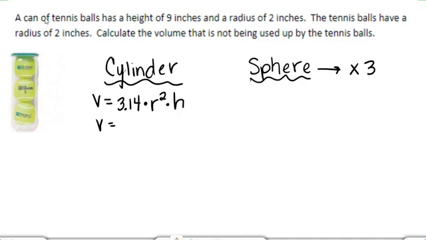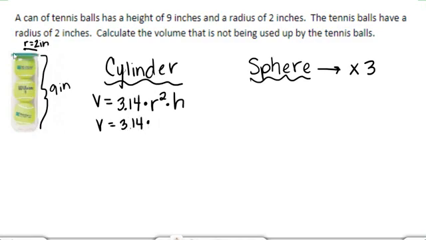The can of tennis balls has a height of 9 inches. So 9 inches is the height of the cylinder. And then the radius of the can, so from the center to the outside, is 2 inches. That's the info we need to find the cylinder, so let's do that first.